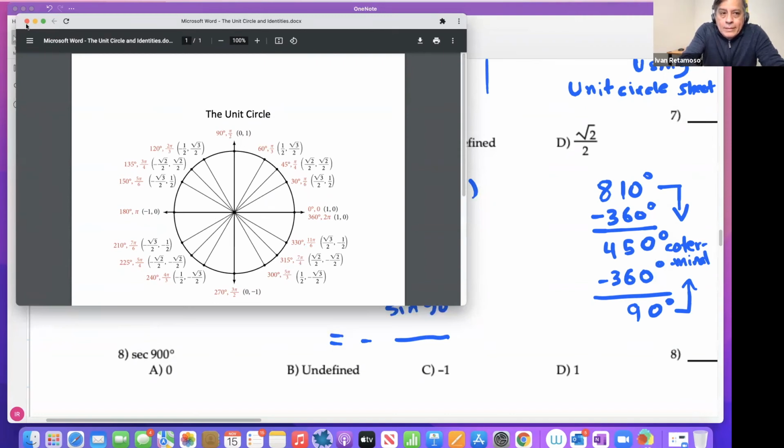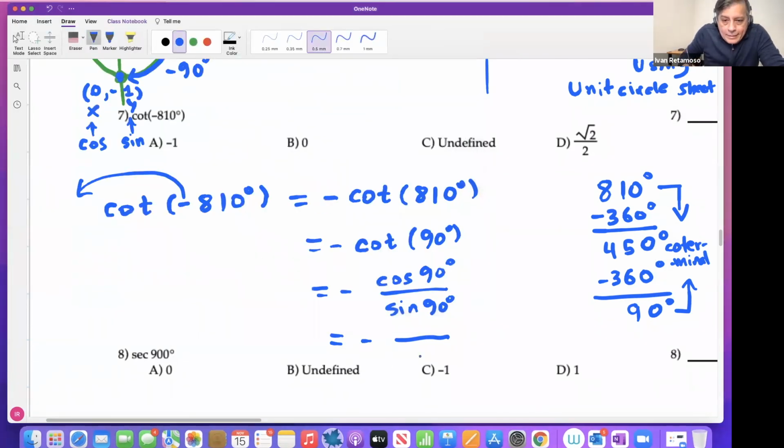So let's replace it here: 0 over 1, negative here doesn't matter. This will end up being just 0. Follow? Try to remember this for your homework.